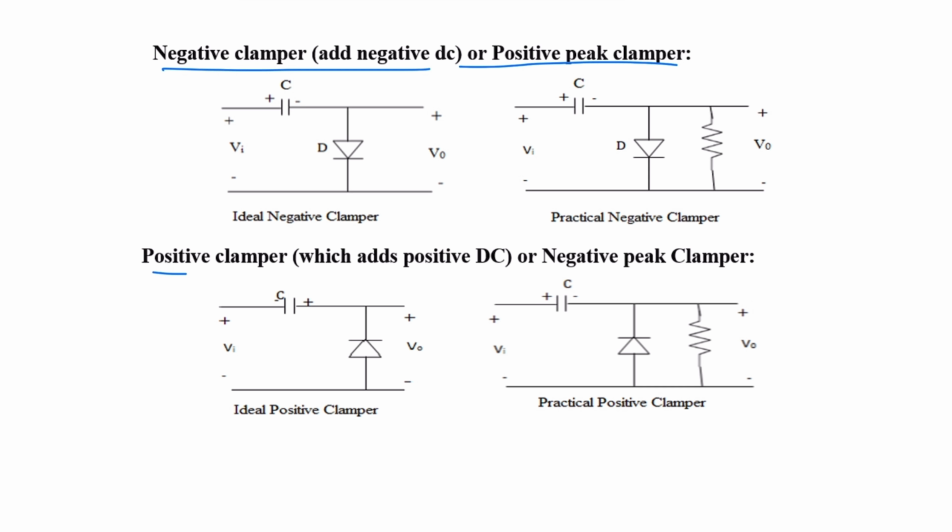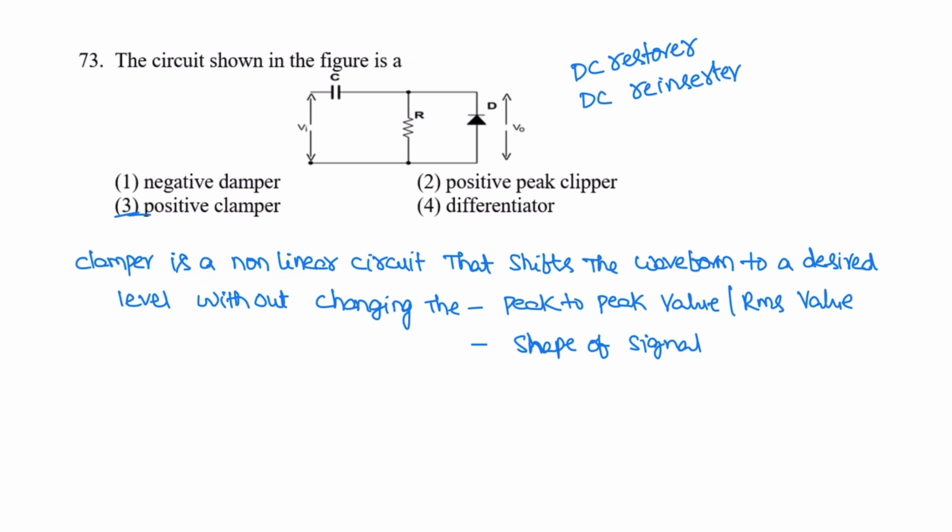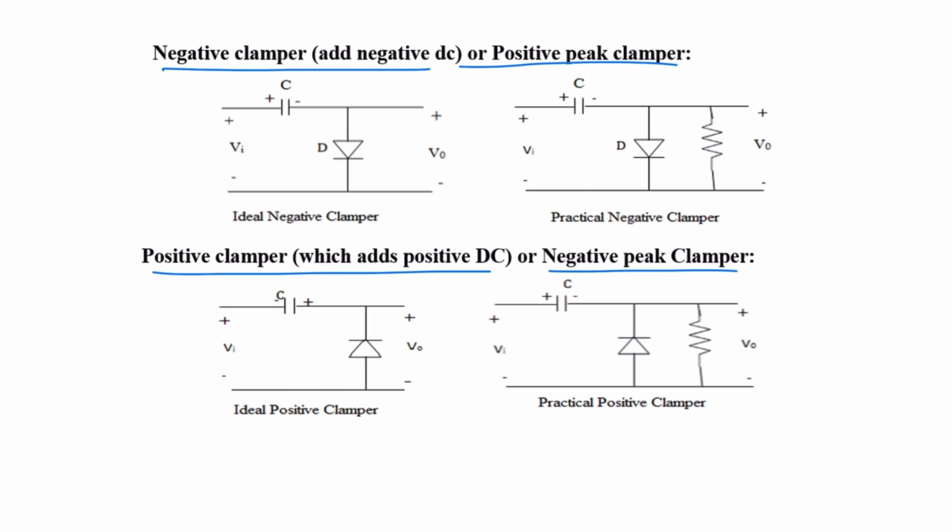The positive clamper adds positive DC voltage and is also called a negative peak clamper. So this is a positive clamper without bias, an ideal positive clamper. Next question.